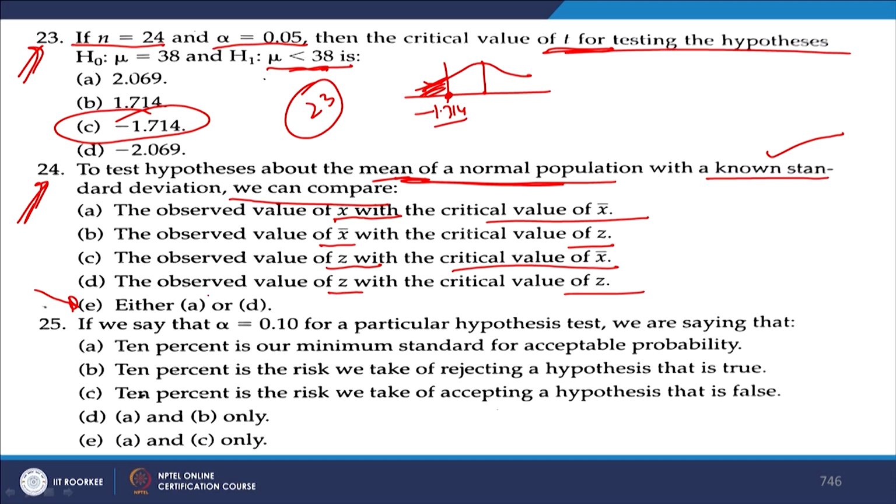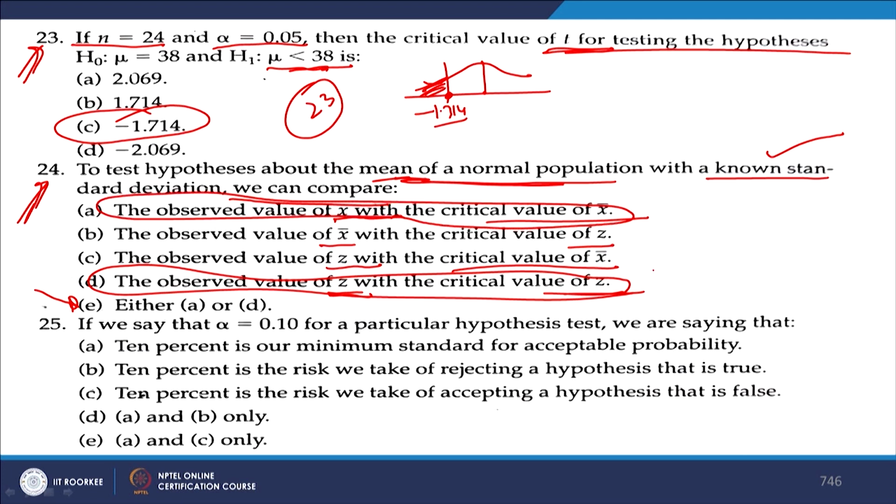Of course, the observed value of z with the critical value of z, then only we will take the decision whether to reject or not to reject, or you can have this situation as well, is not it. So, either this is the raw scale, and this is the standardized scale or z scale.